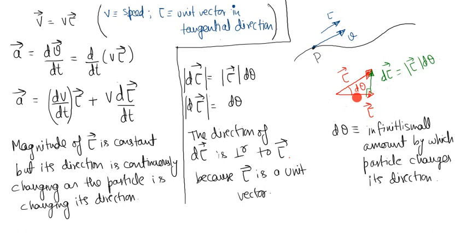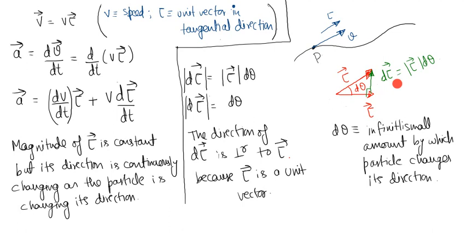Now what is d tau? d tau is the change in the tangential vector. So d tau will be tau final minus tau initial. This will be the vector joining the heads of the initial vector and the final vector, because tau initial plus d tau should be equal to tau final. This vector, which I have shown using the green line, represents the d tau vector.